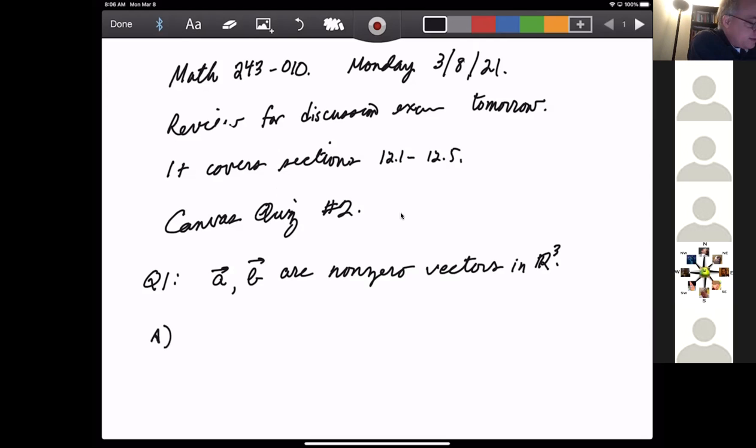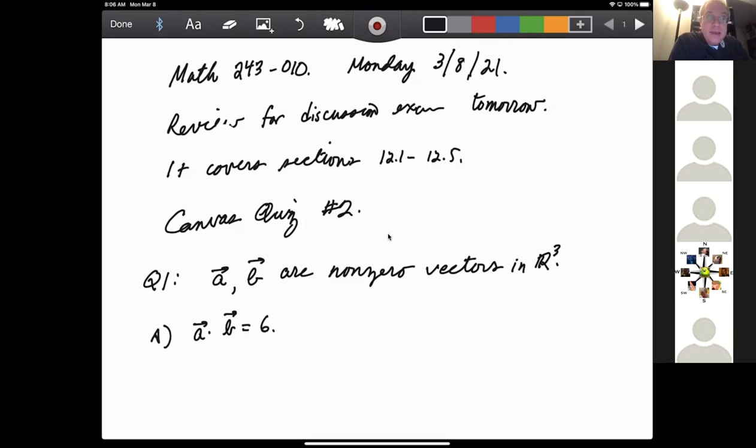Okay, so part A, we have A dot B is equal to 6. And our choices are that this is a right angle, it's 90 degrees, it's acute, meaning it's between 0 and 90, or it's obtuse, meaning it's between 90 and 180.